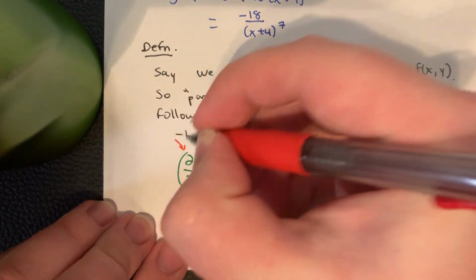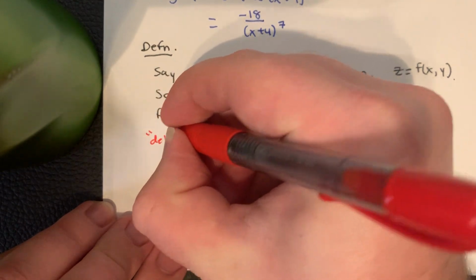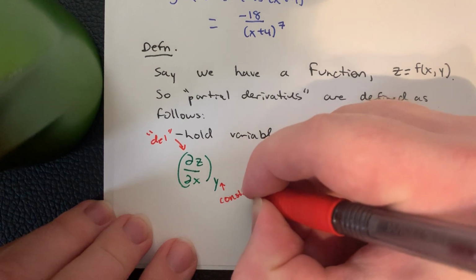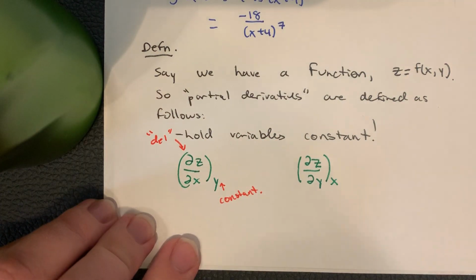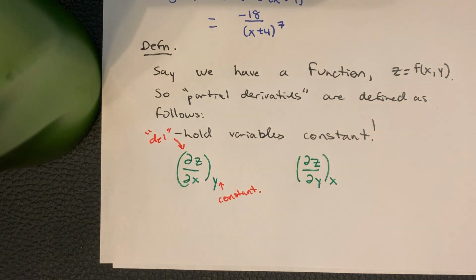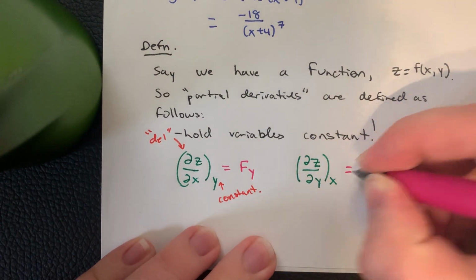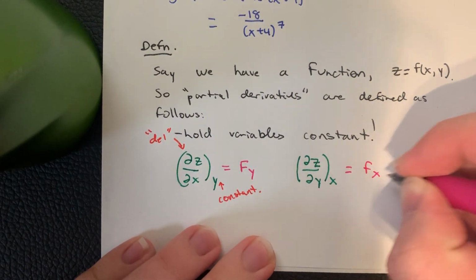So this thing right here is called del, and this is what's constant in this situation. Another way to write this that can sometimes be seen in Calc 3 or something like that would be f sub y and f sub x.